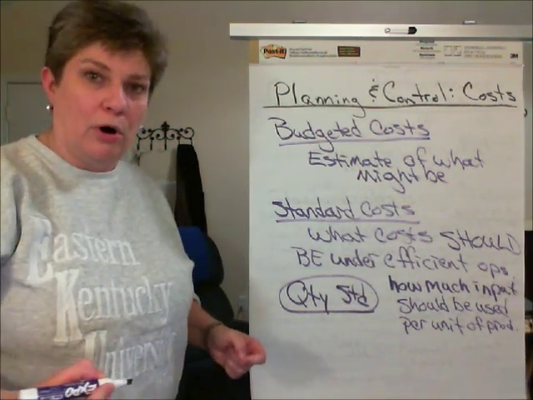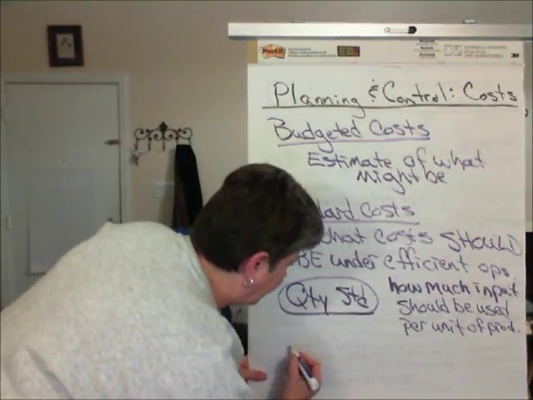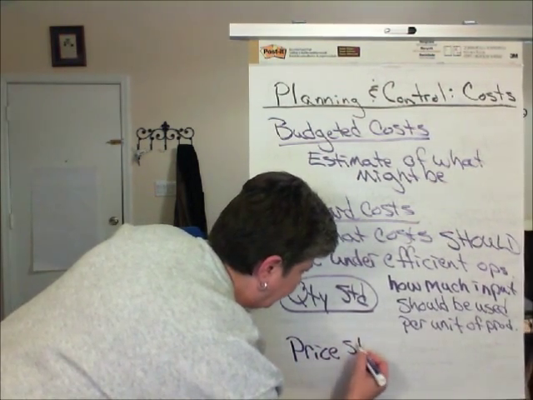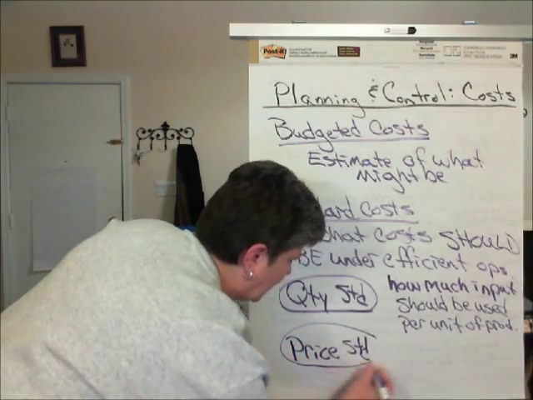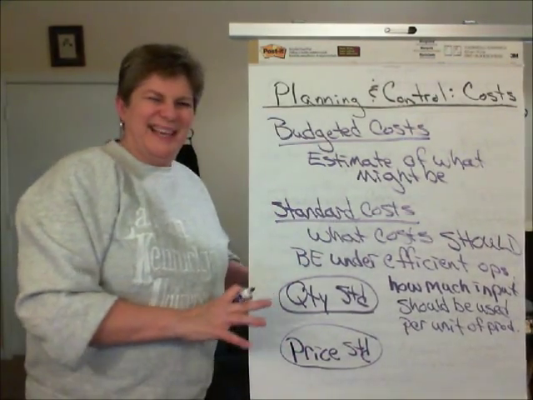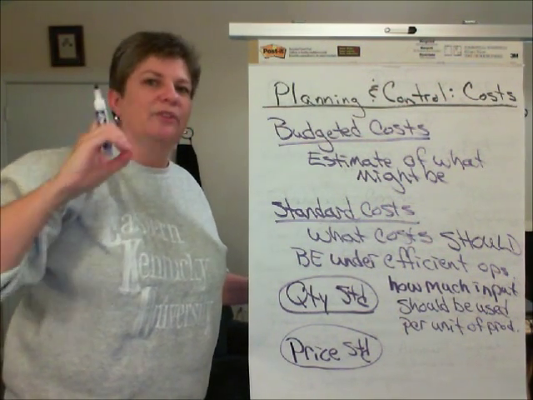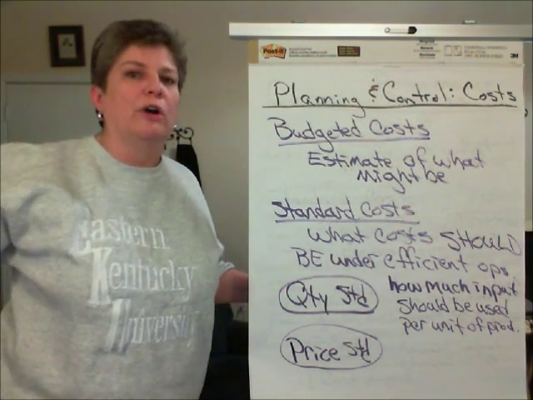The other part of the standard cost is the price standard. Now, got to be careful of terminology here. I usually think of price as the selling price of our product.